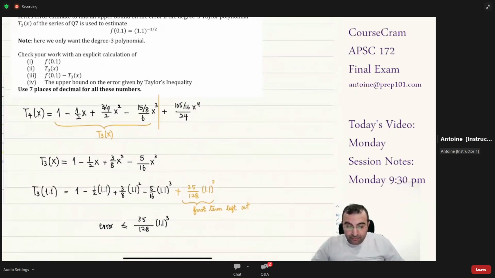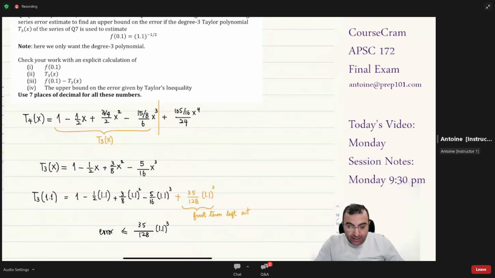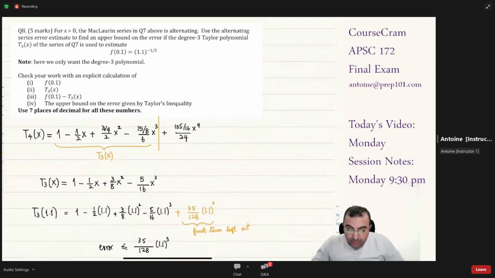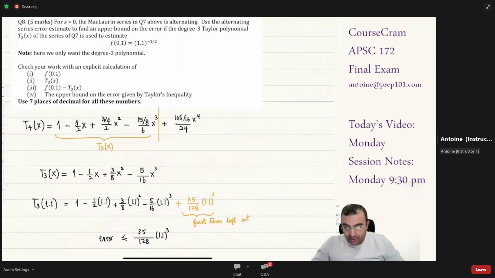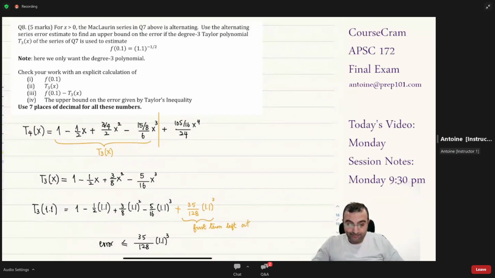Now, they're saying check your work with an explicit calculation. So find what f of 0.1 is, find T3 of x, find f of 0.1 minus T3 of x, and then use the upper bound on the error given by Taylor's inequality. Wow. So that's, well, use the alternating series error to find an upper bound on the error, blah, blah, blah, to estimate this.